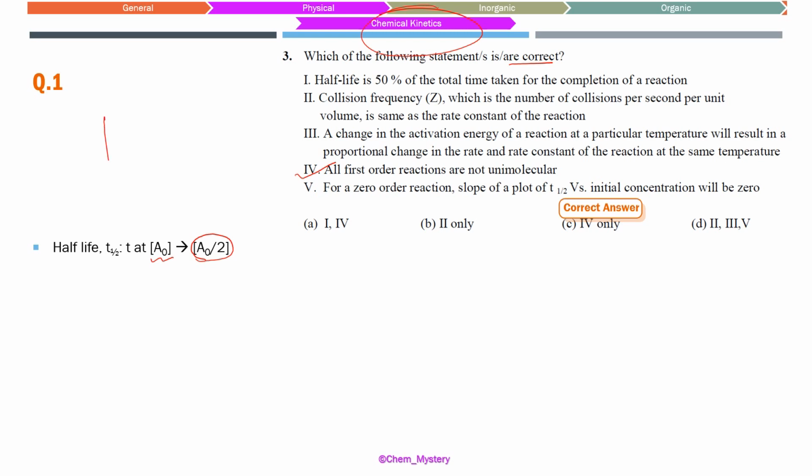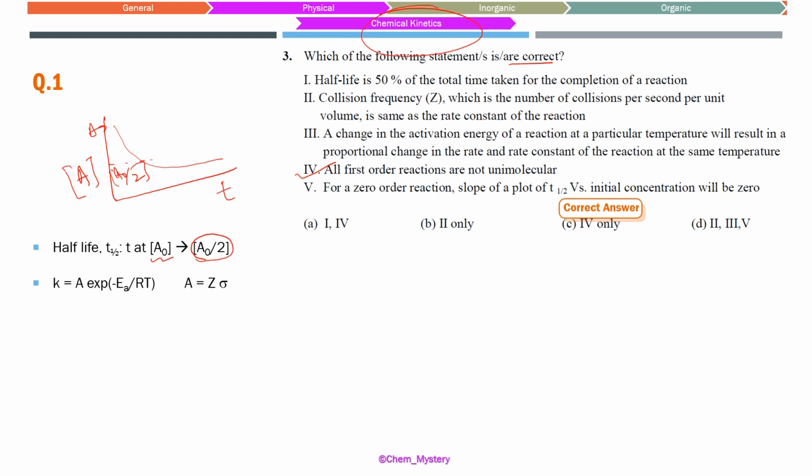You could recall the curve for the first order reaction, with time on one axis and concentration on the other. Only as time tends to infinity does concentration become 0. So the time to complete the reaction is very, very long, while half-life is the time taken for A0 to change to A0 by 2. So this first option is not correct.